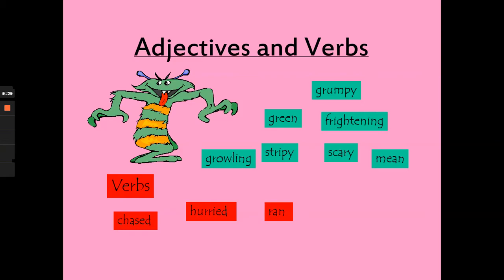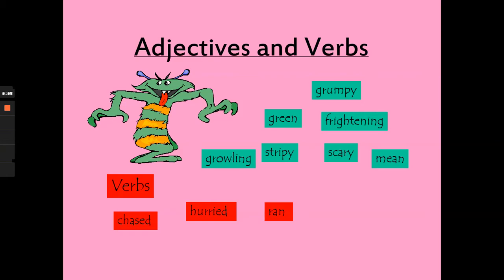Okay, so we have verbs and adjectives here, but as you can probably tell, I've scrambled them around and I've put different ones in different colours in the hope that you guys, just a mini task while we're doing this, would be able to say some of them in a sentence. And I've actually tricked you because I've put one in a different colour.